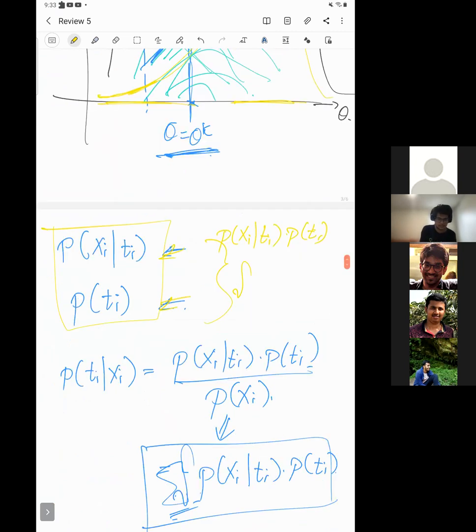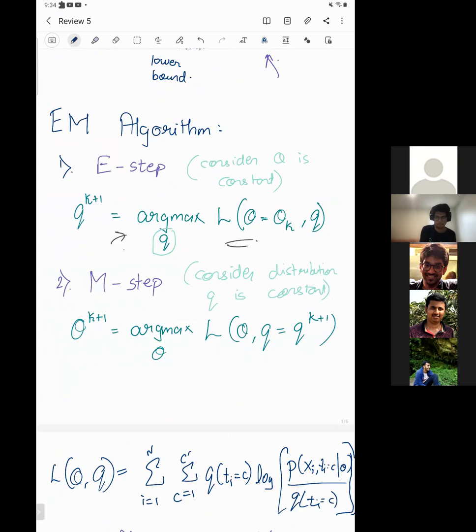Did my screen freeze or something? Can you see me writing anything, or is it just frozen for you? It is stuck on the EM algorithm page. Yeah, I thought so.